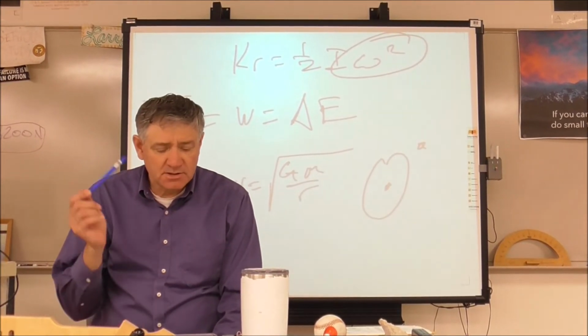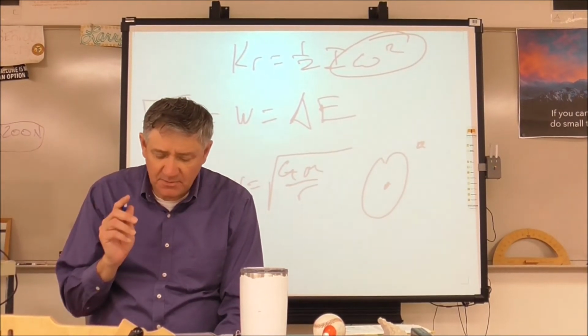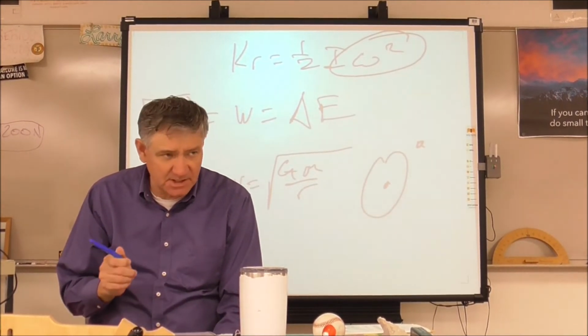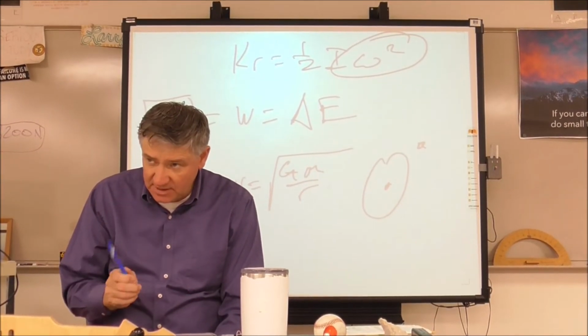So the first thing you need to do is calculate that velocity. And remember, that velocity should be something times 10 to the third. Any orbiting satellite has a velocity of about 10 to the third.